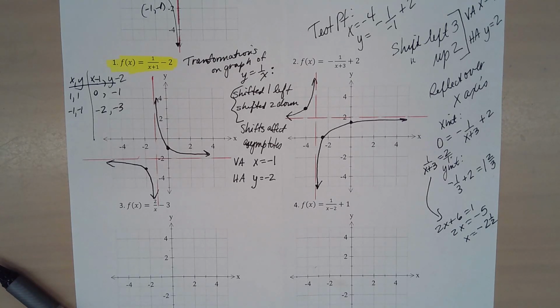You probably move this form into vertex form, unless it's factored. You could factor this, get your x-intercepts, and graph that way, get your x and y-intercepts. You also are comfortable with this form. So just two different styles of being given a quadratic. This is two different styles of being given a rational.